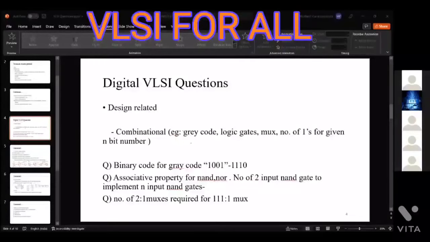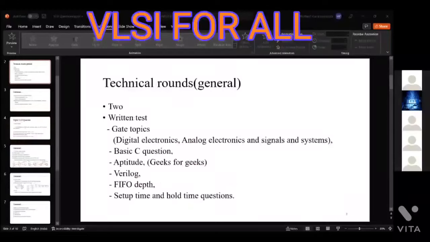Yes, sir. Yeah, tell. What is the weightage of C or C++ in the digital domain, and why are they asked? Yeah, this is the question. It depends on the company. For example, Qualcomm provides a separate section for these C questions.